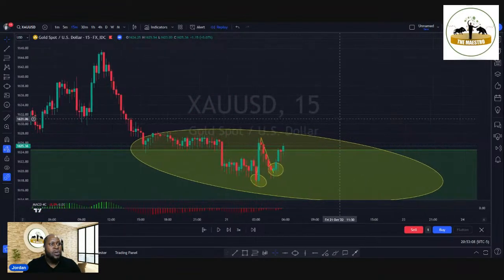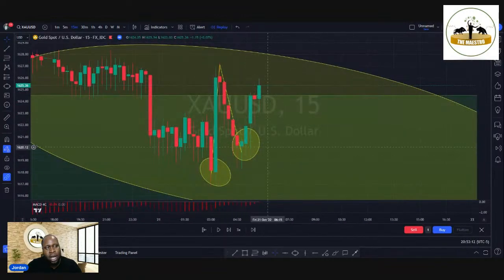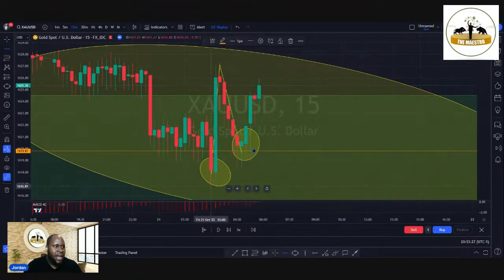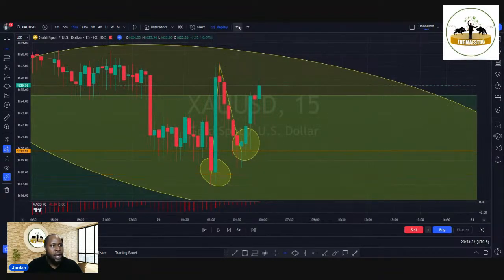So price formed a higher low, and based on the 15-minute alone, this is a confirmation for me to be able to take my entry over here. Why? Because this low over here did not go lower than this low over here, okay? Hope you guys see that, right?